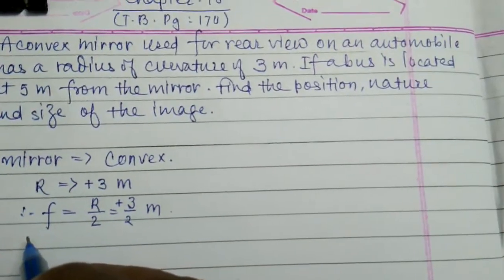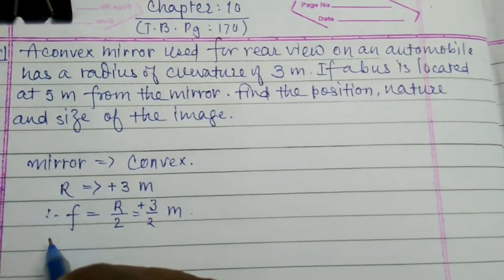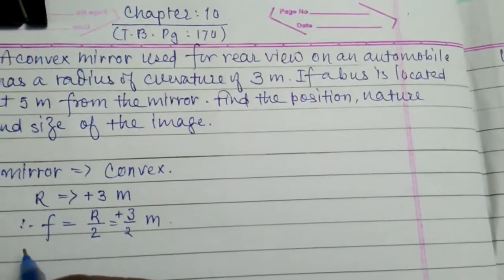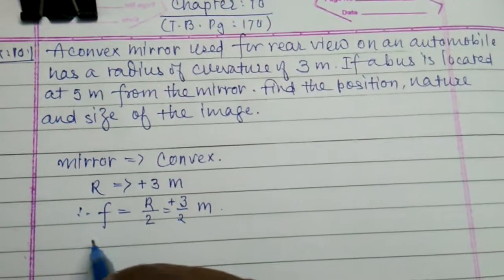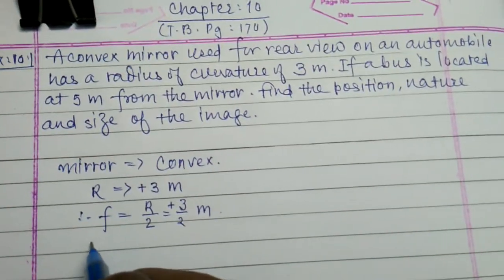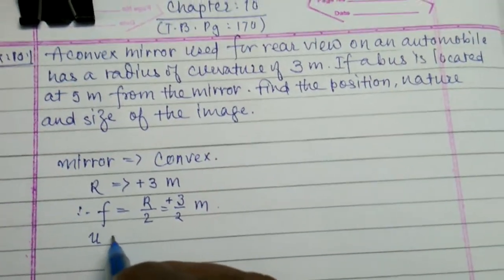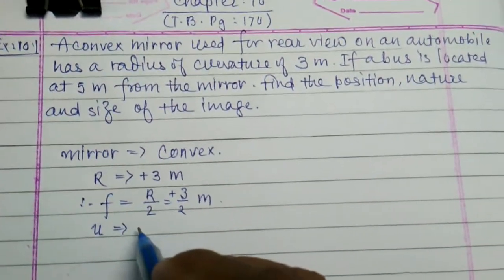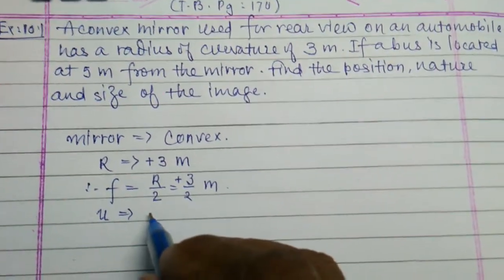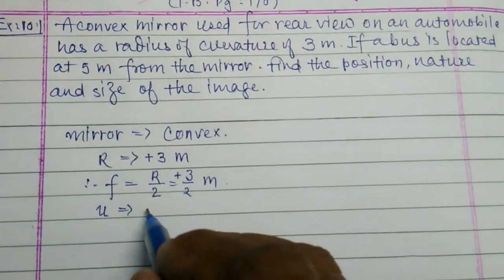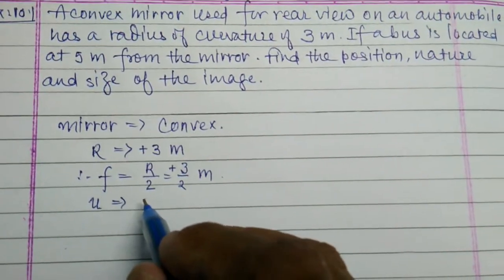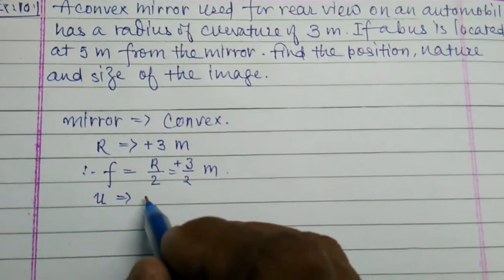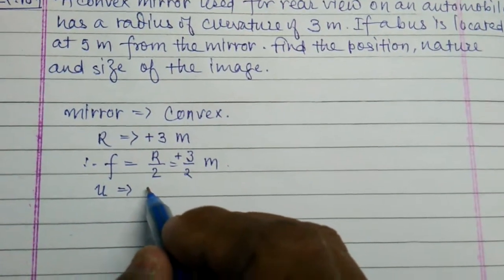Now a bus, meaning the object, is located at 5 meter from the mirror. It means the object distance is u. The object distance u is always taken as negative because we place the object on the left side of the mirror, so the left side distance is negative.